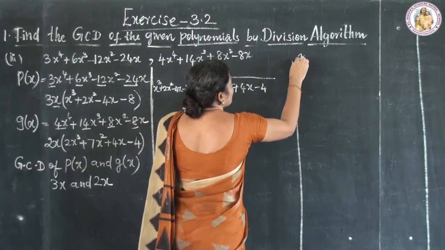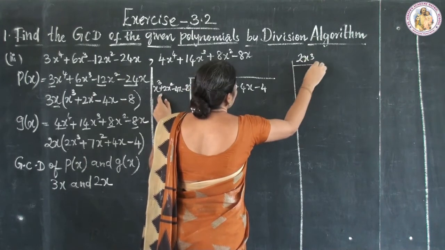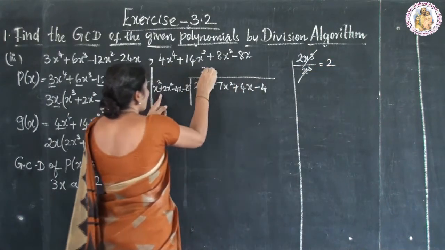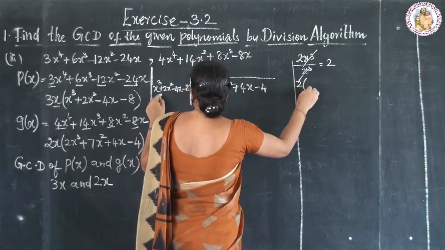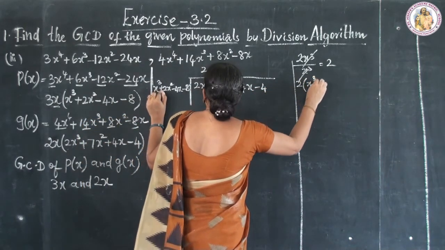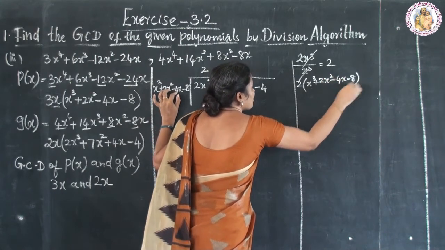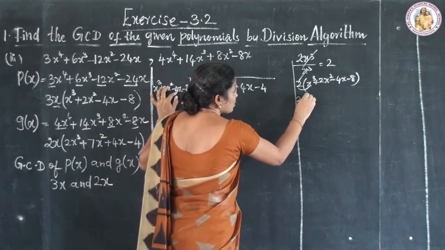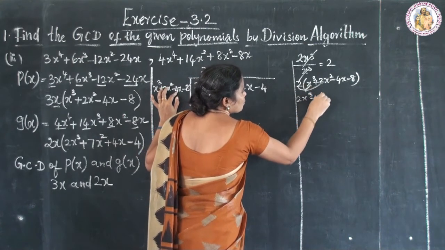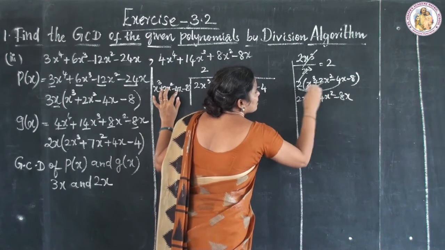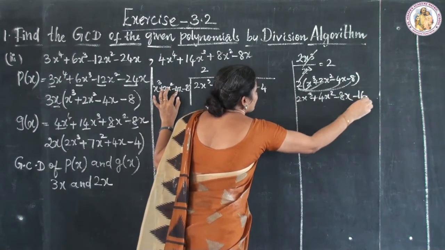Take the first term, that is 2x cube divided by x cube. X cube cancel, it is 2. Okay, 2 multiplied by x cube plus 2x square minus 4x minus 8. 2 into x cube, 2x cube plus 4x square minus 8x minus 16.